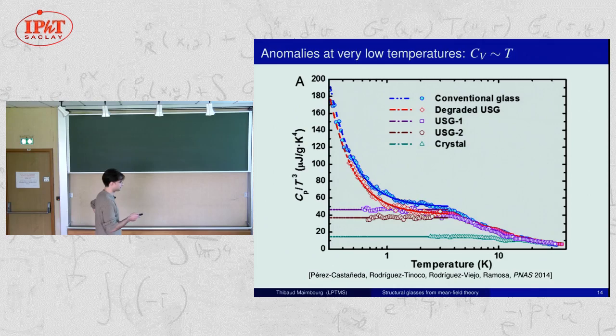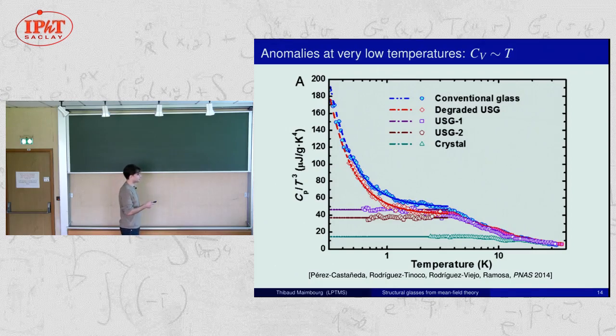And typically what you measure in this regime is, for example, the specific heat that is here rescaled by the temperature to the cube. So say you would do that for a piece of crystal, so that's the green curve here. Well, you would recover the fact that the specific heat goes like T cube at small temperature. So this is the celebrated Debye behavior that derives from acoustic phonons.